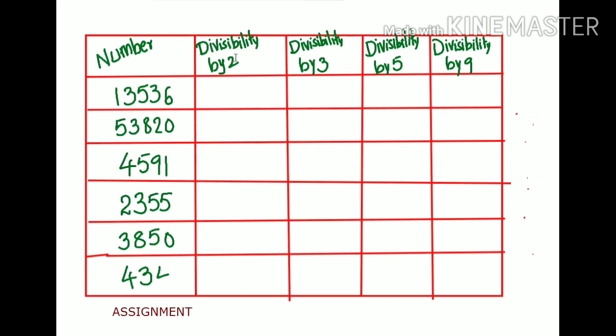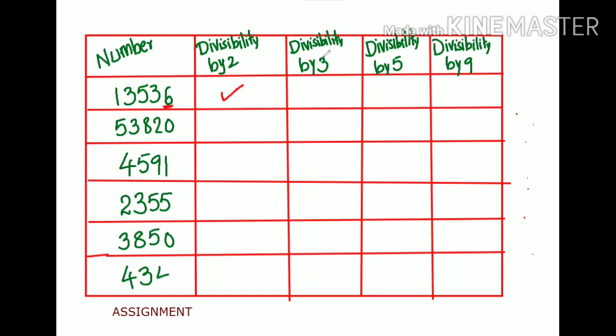Whether it is divisible by 2 or not. The last digit is 6 here. So it is an even number. So it is divisible by 2. If there is 0 or 2 or 4 or 6 or 8, it is divisible by 2. So here 6 is here, divisible by 2.